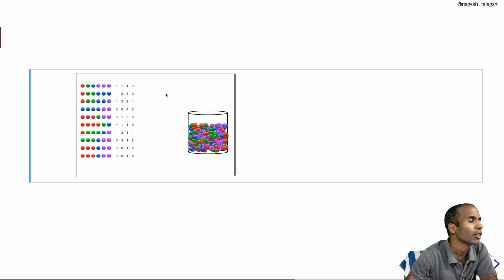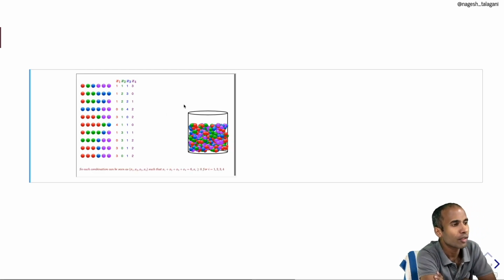Okay, so here let's denote x1 the number of red gems, x2 the number of green, x3 the number of blue, x4 the number of purple. Then we can observe that these x1, x2, x3, x4 satisfy this equation: x1 plus x2 plus x3 plus x4 equals 6.